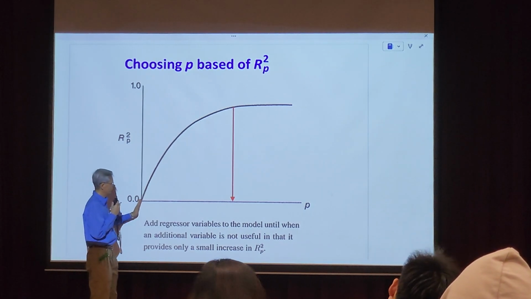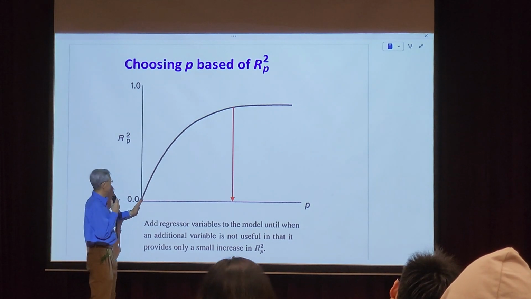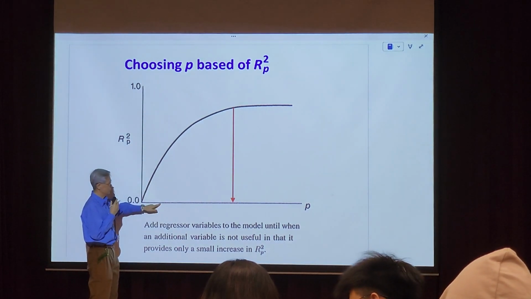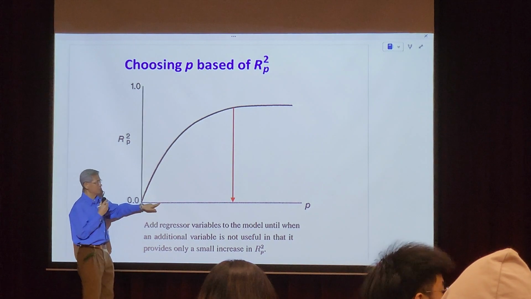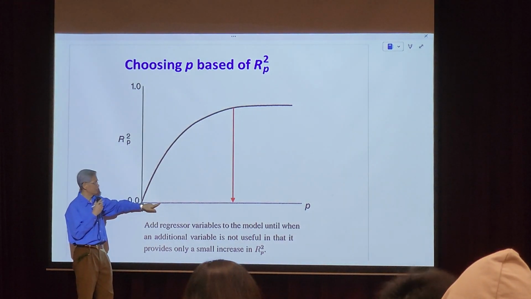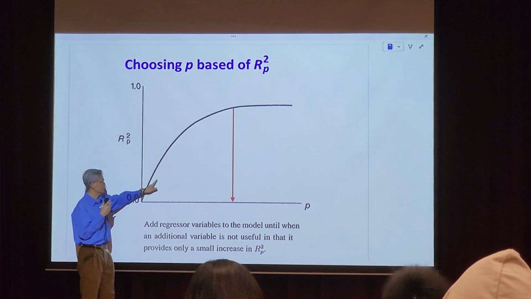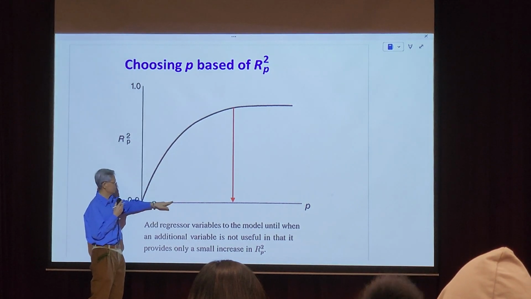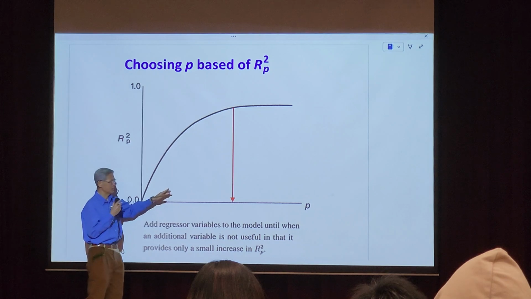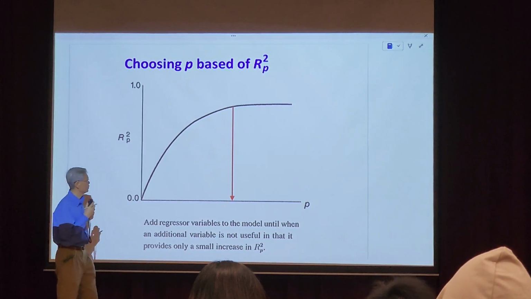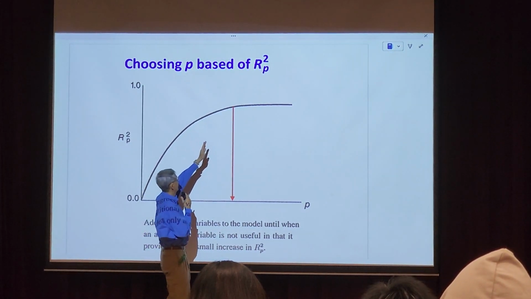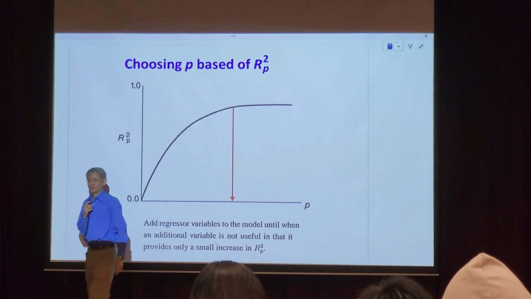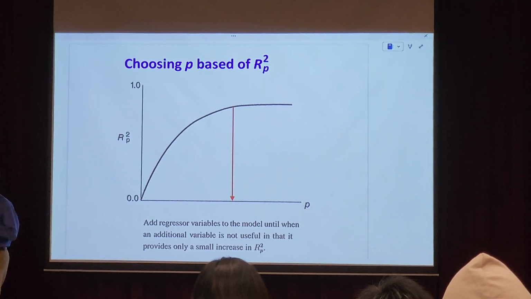So it's not such a good idea to choose a very small number of regressor variables, because you can improve R squared significantly just by increasing P to another value. So it is where the R squared starts to stabilize, that's our choice. Okay?